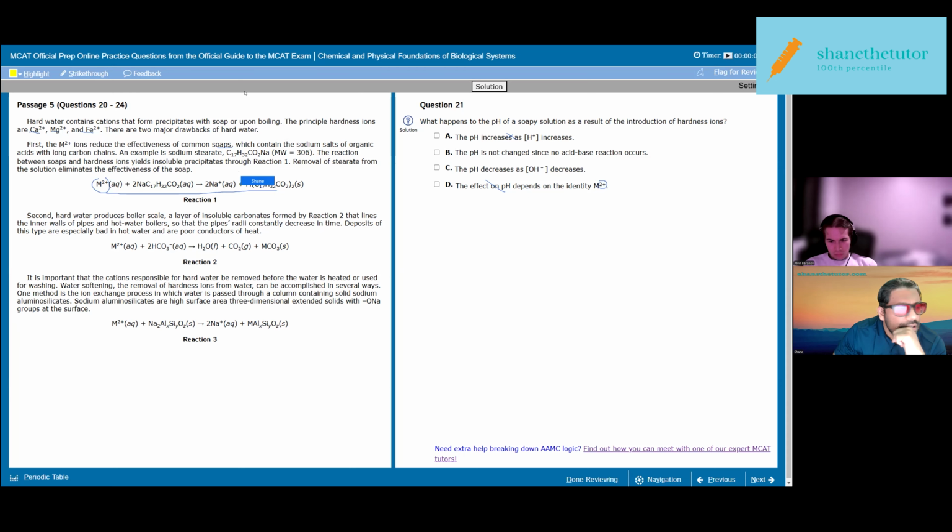Solution. Insoluble precipitate. pH. Removes the effectiveness of soaps.